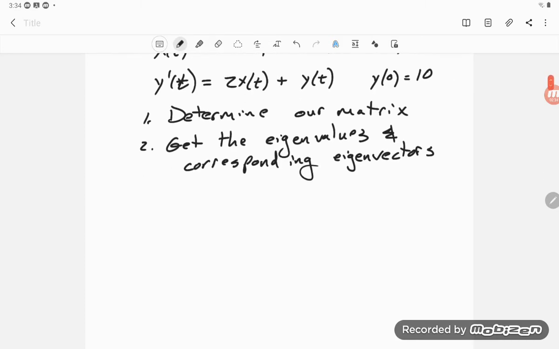Okay. Then from those eigenvectors, we create P and find P inverse, so that we have that.